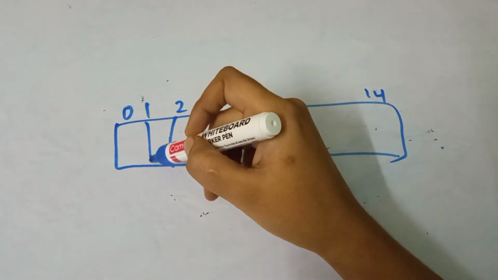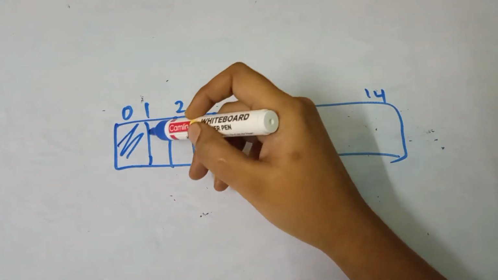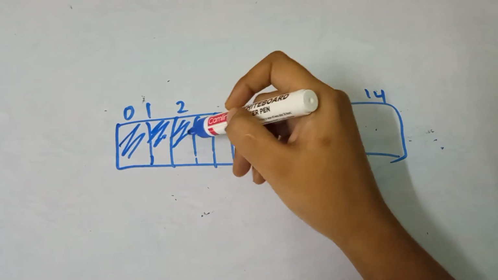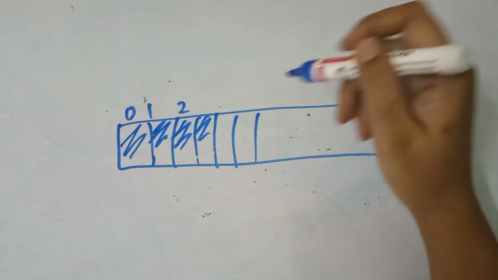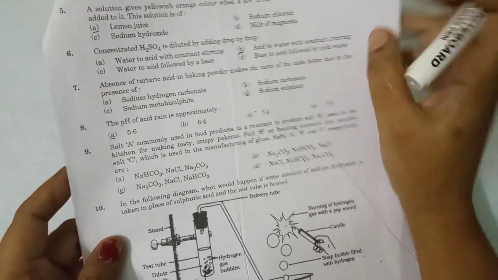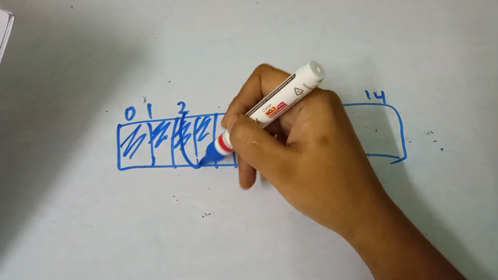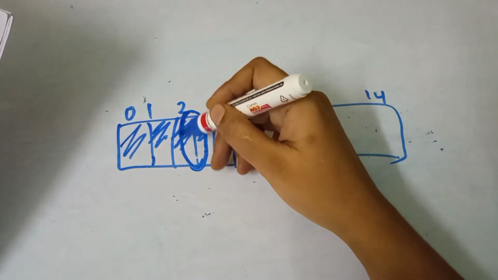This is reddish, then orange, yellow, then different shades of green, then blue. And in the question they have mentioned the yellowish orange color, so it should come somewhere here.